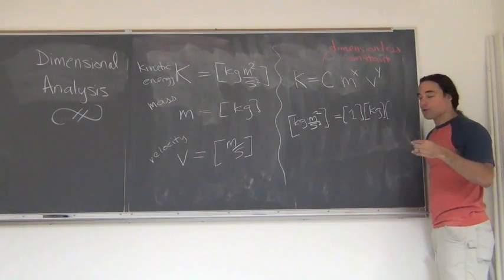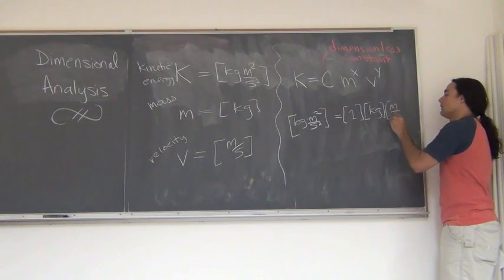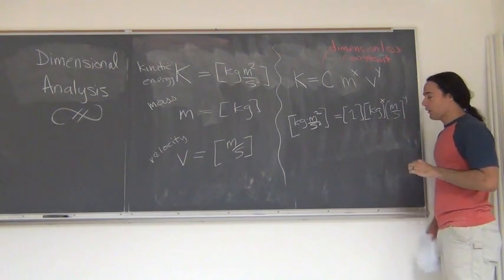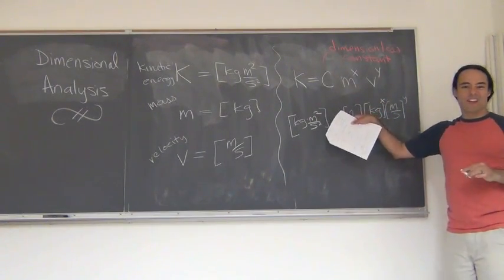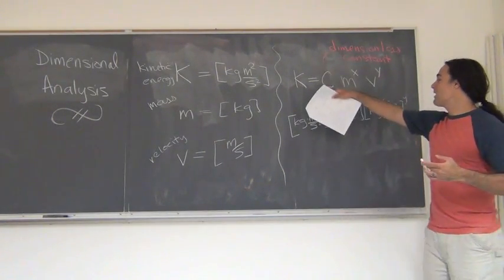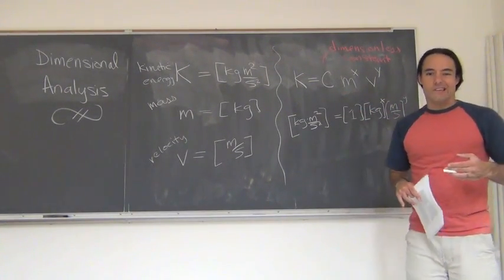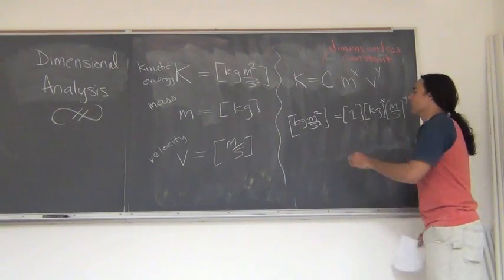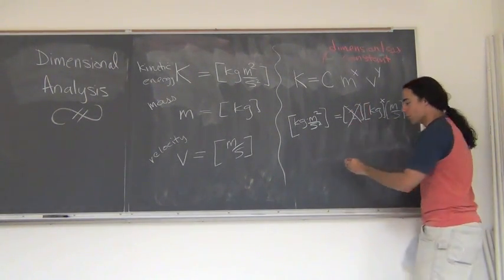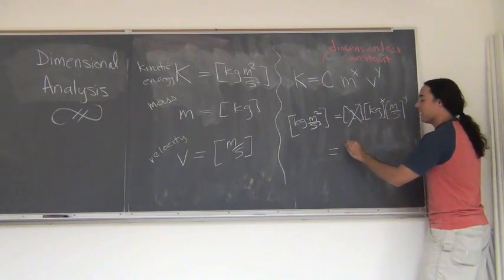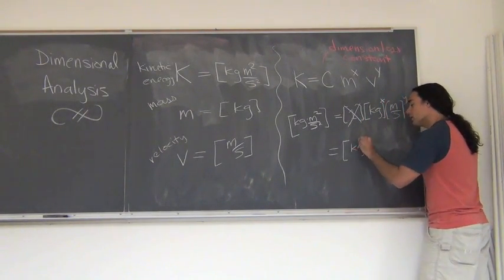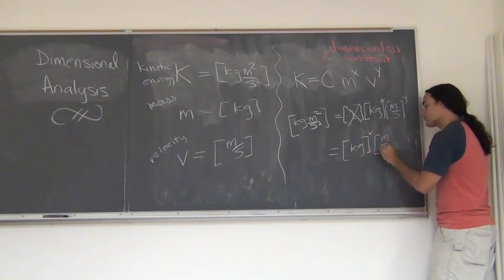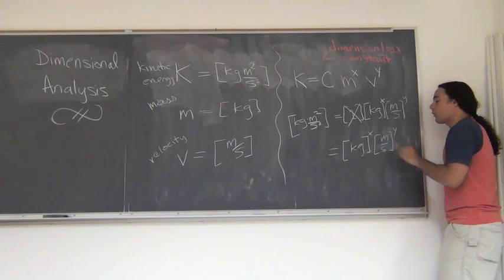Velocity has units of meters per second. I'm going to put this in x and y. Well, when I say that my dimensionless constant has units of 1, I can multiply 1 by anything and have it not affect the answer. So this doesn't even matter. I'm not even going to write that. There, we're going to have units of kilograms to the x power, meters per second to the y.